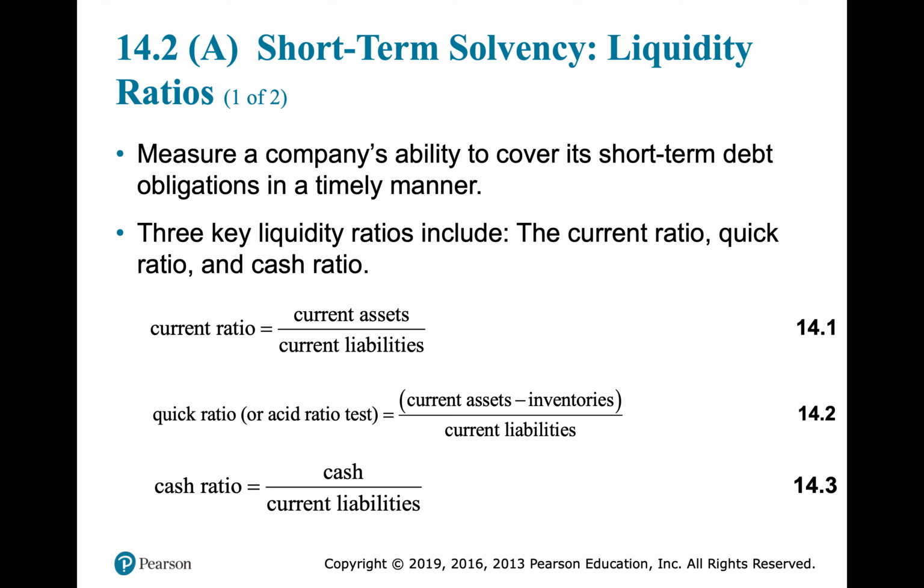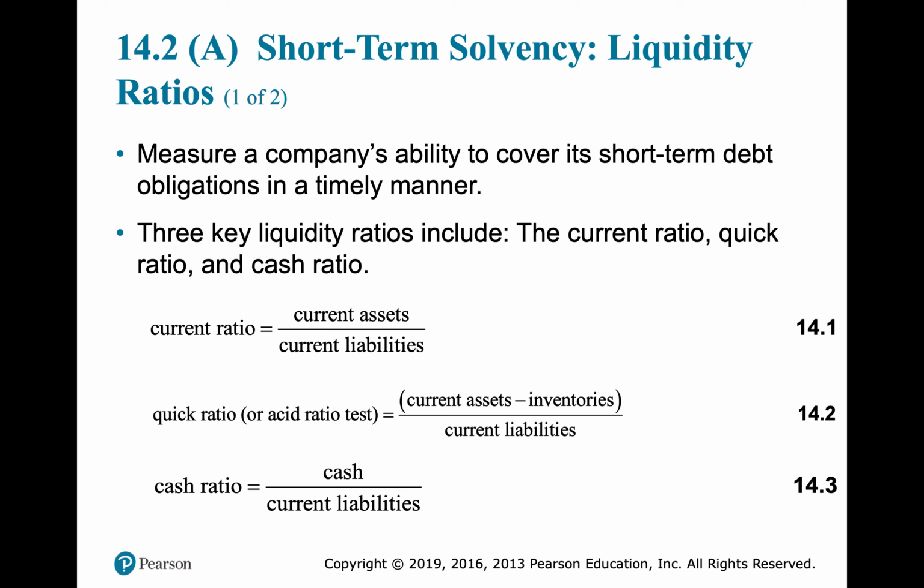The current ratio takes the current assets of the company and sets them against the current liabilities. Essentially, it's saying, how did my current assets size up to my liabilities? It's very important to understand that each one of these ratios removes or discusses something slightly different than the one before it, because remember, it's all about liquidity.